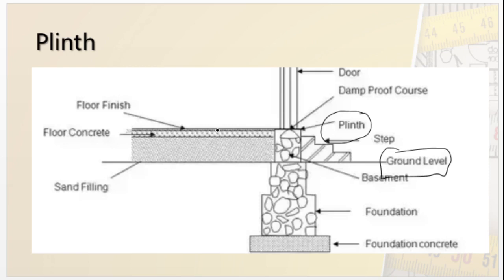The reason behind giving the plinth, to start the structure from a specific elevation from the ground level, is to protect the building from any kind of flood or inundation. If there is rainfall, there might be water clogging on the road, and there is a possibility of the water entering the building.